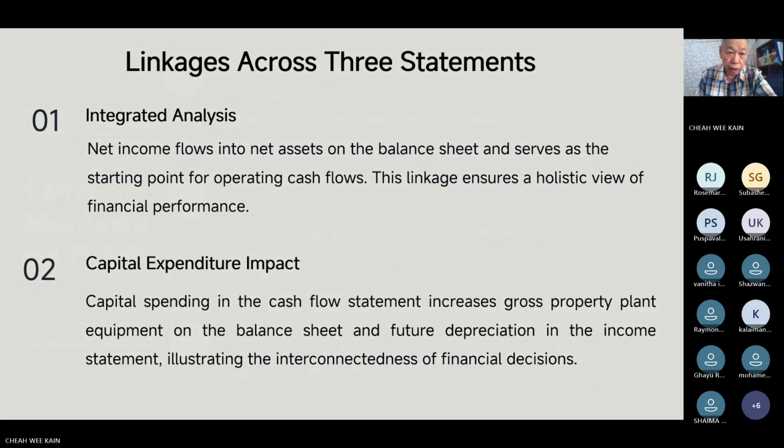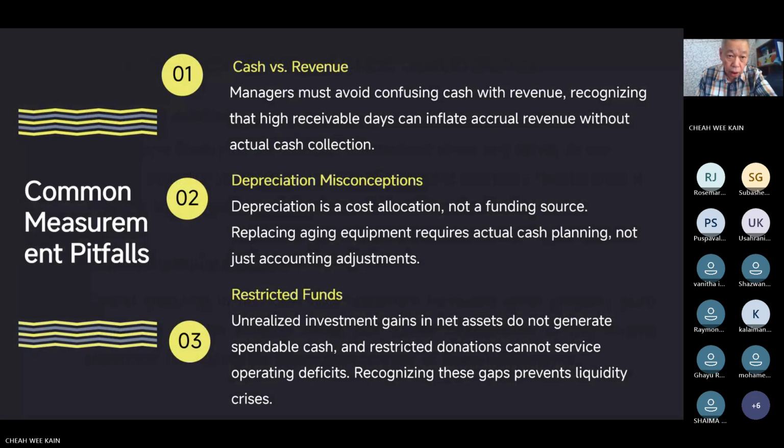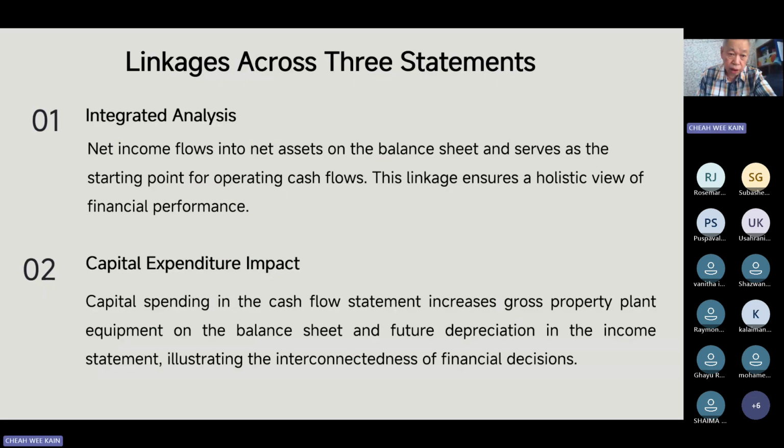So, linkage, integrated. Your income from the income statement will go into your cash flow as one item to be considered.